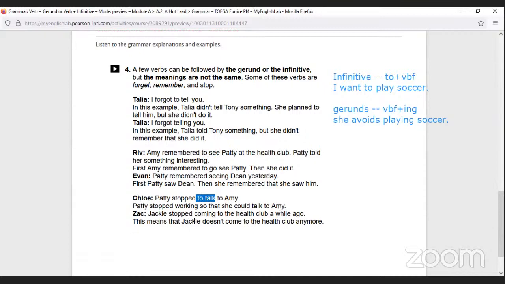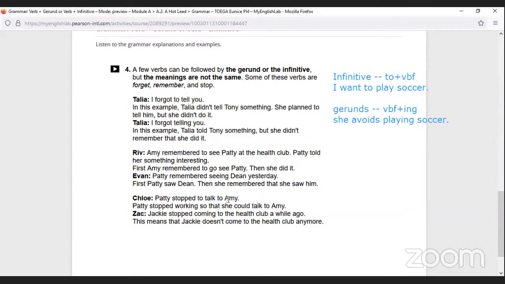Stop with infinitive so that she could talk to Amy. What does it mean? That Jackie, okay, doesn't come to the health club anymore. In this case, okay, it is only for a moment. In gerund, it is for always, anymore. Okay, Patty stopped to talk to Amy. Paró de hablar a Amy, but this is only for a moment.